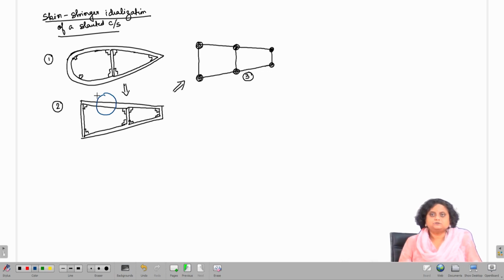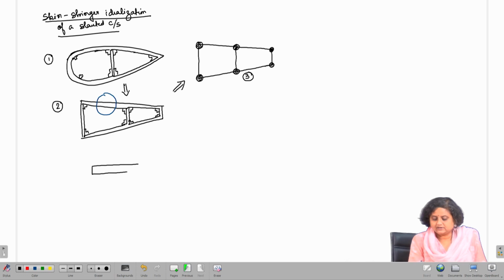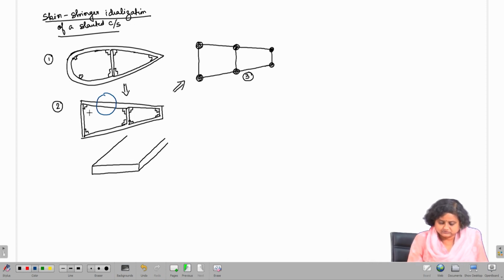Let me enlarge this blue colored circled portion and see how the stress is going to be distributed in that section. I have just enlarged this section. Let us take a width of b, and let the thickness be t.